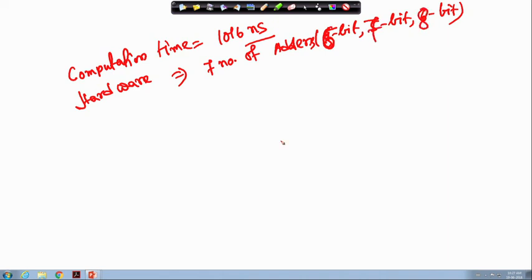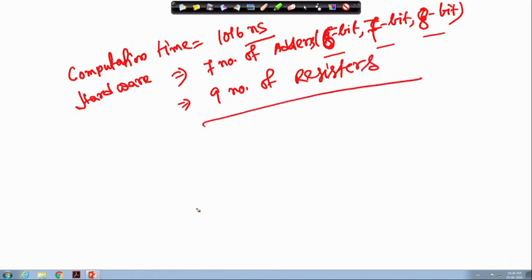Why I require 8 bit, that I will come to later. What the corresponding bit size will be, I will discuss again. And then a total of 8 plus 1, 9 registers I require as the hardware requirement.